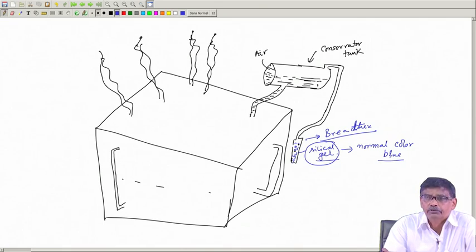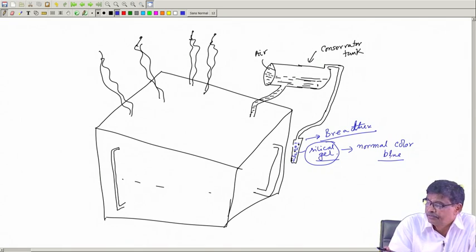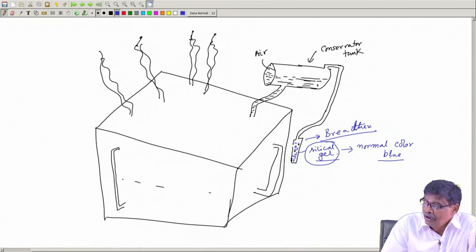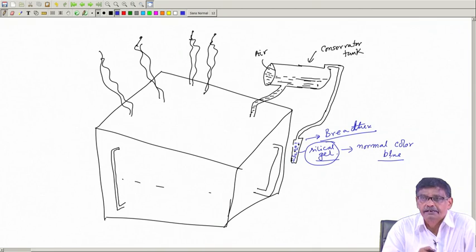It is in granules, some granules blue. Whenever air will be sucked in, the moisture will be absorbed by silica gel and its color will change to pink.